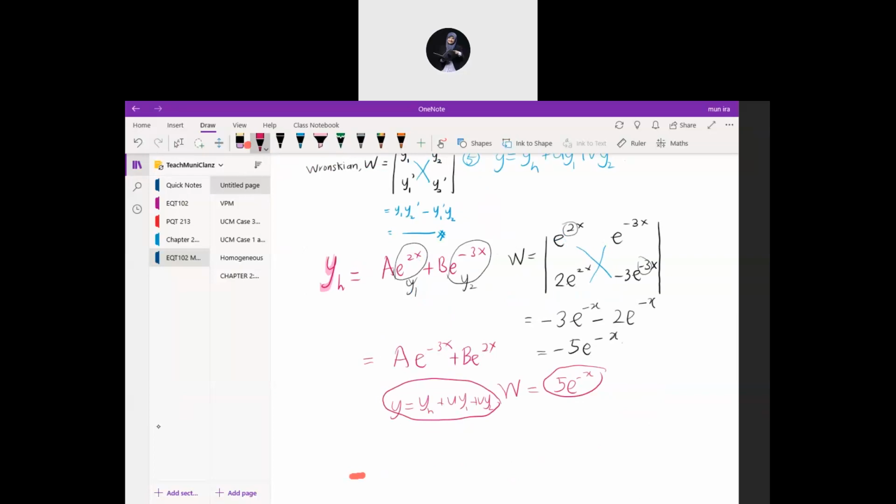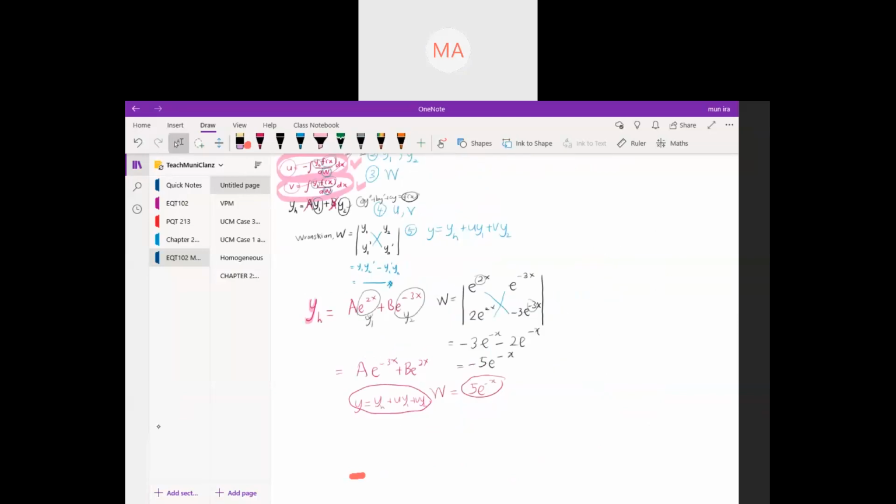If you swap the position of Y1 and Y2, your Wronskian, U and V will alternate positive and negative sign. But at the end of your solution, you will reach the same solution. Any more questions?